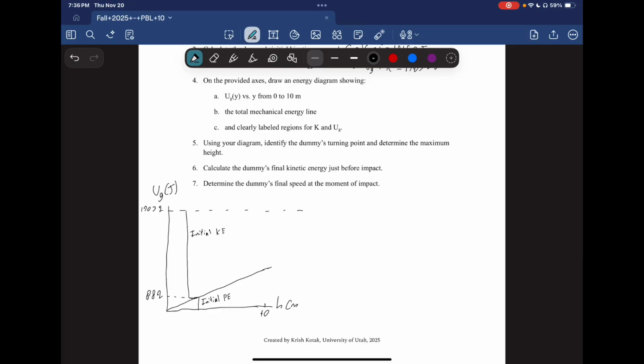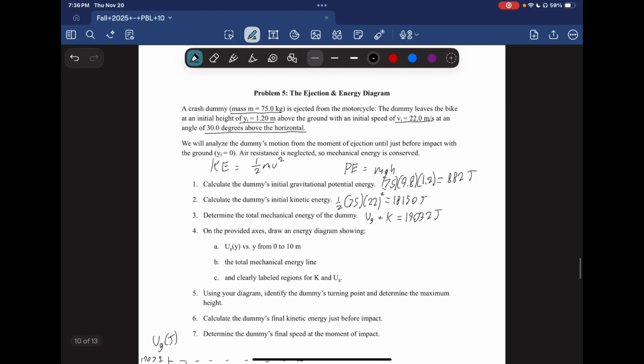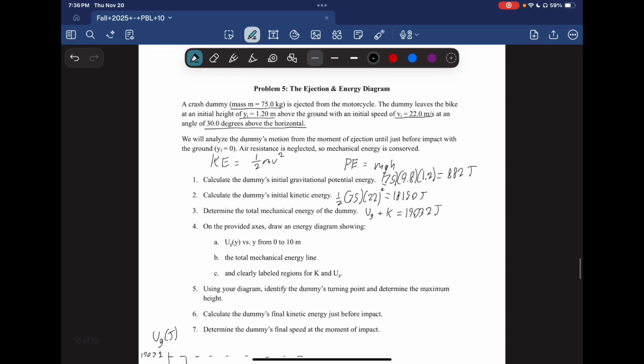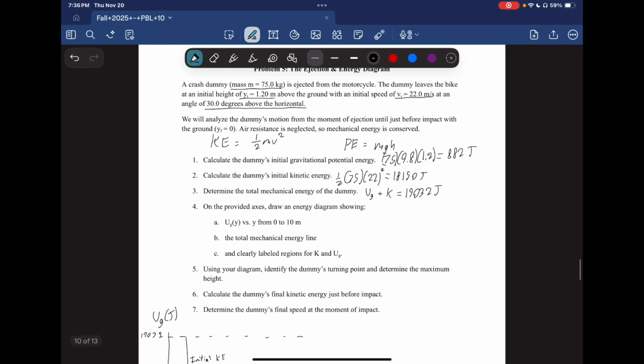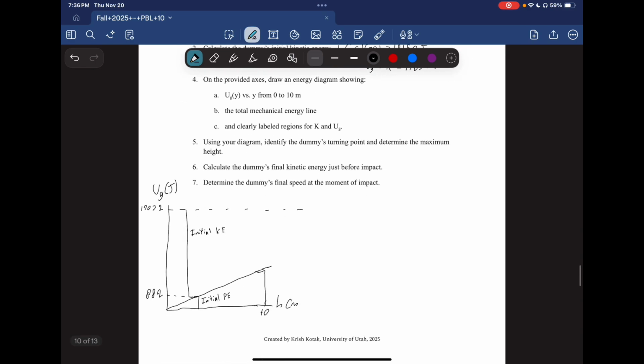And then over here, at a height of 10 meters, this is going to be our potential energy at the apex, if our apex is 10 meters. And then the top part will represent our kinetic energy at the apex.